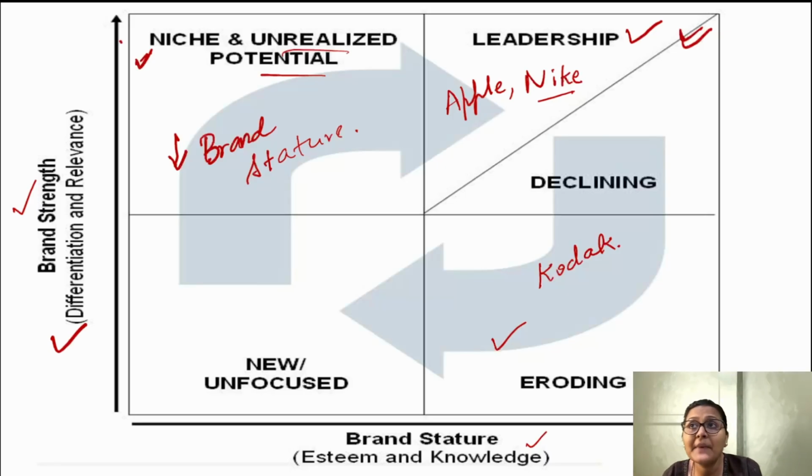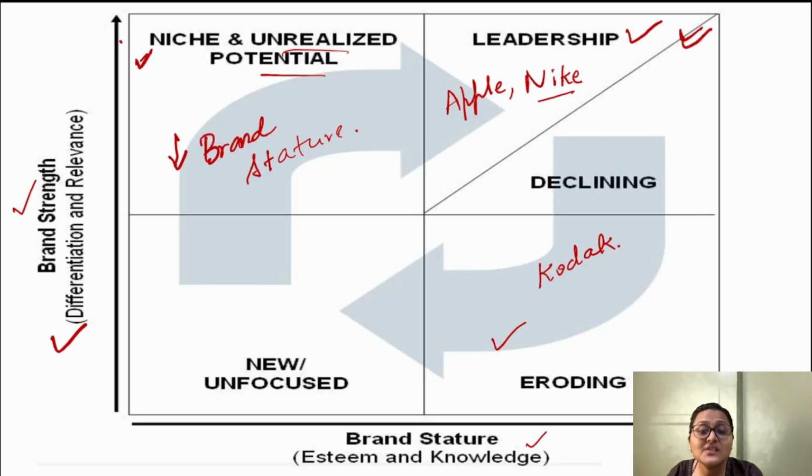If a brand wants to survive in a market space, they have to compete with the other competitors, and they have to be trendy in the market space, otherwise they have to leave the market and go. Now the last quadrant over here is declining.